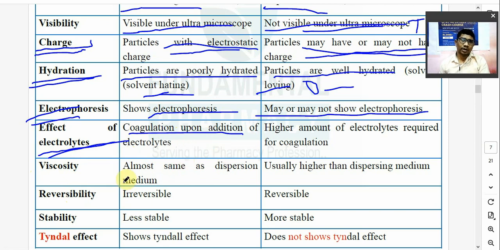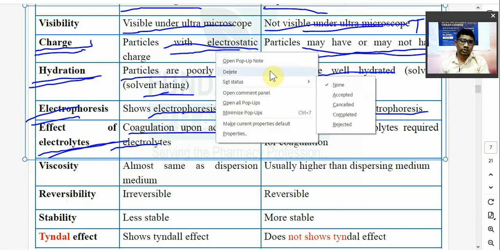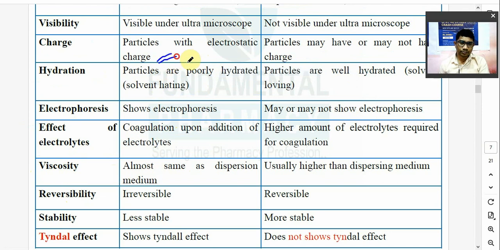Why? Because lyophobic colloids will have a charge on the particles. Electrostatic charge. Lyophobic colloid जो होते हैं उनके ऊपर चार्ज होता है. जैसे मान लीजिए कि गोल्ड का कोलाइडल डिस्पर्शन है, उसके ऊपर है माइनस चार्ज. आपने सोडियम क्लोराइड डाल दिया, पॉजिटिव इलेक्ट्रोलाइट डाल दिया, that positive electrolyte will go at a particle, will form a bond, will neutralize it.